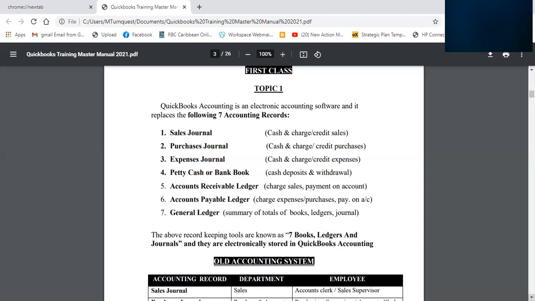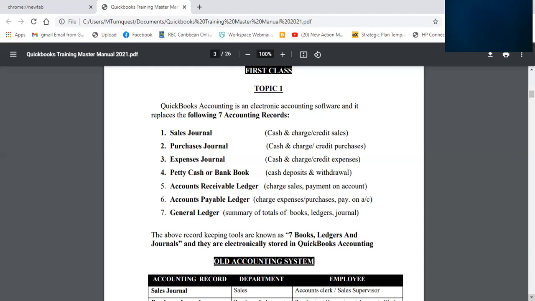Purchases are inventory, raw material that you buy to sell to create a profit.